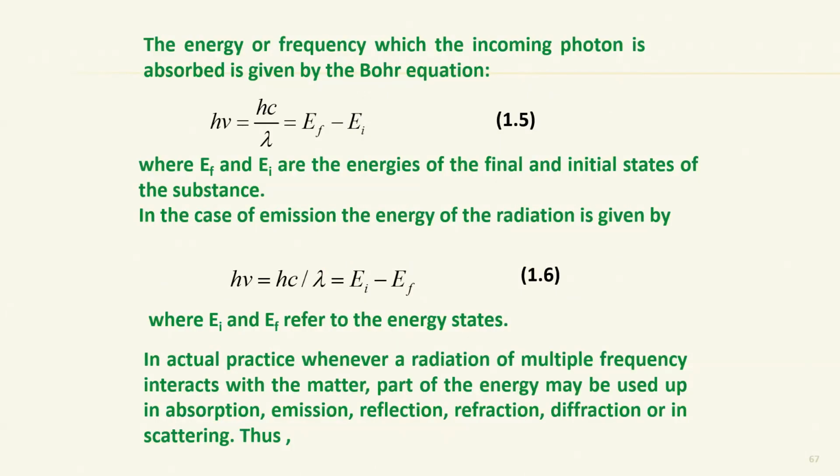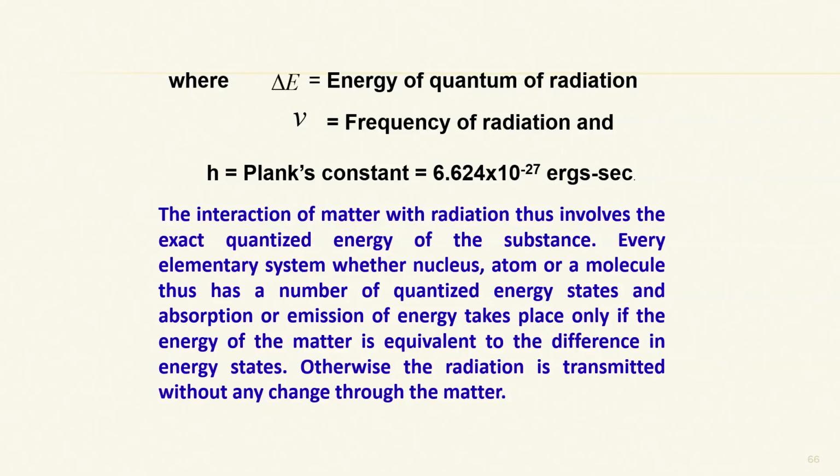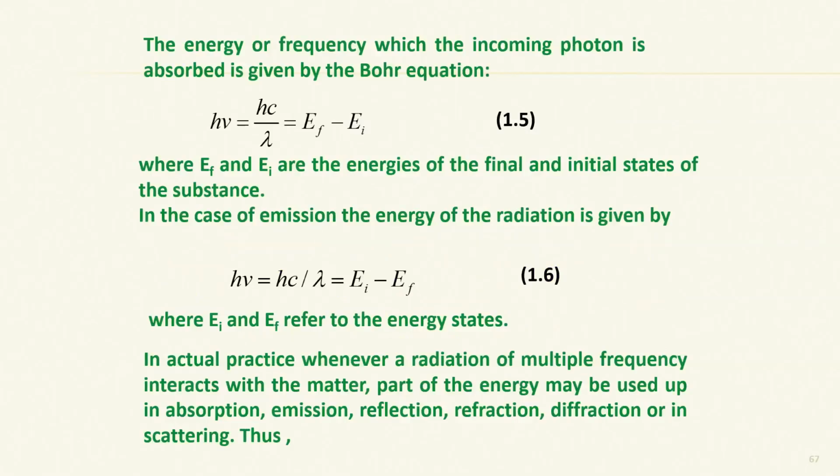So, this is an important concept we should remember. The same expression which I told earlier: if the energy has to match the energy of the electromagnetic radiation and of the particles, I can write an equation like this: h nu, that is hc by lambda, is the energy of the final state minus the energy of the initial state.